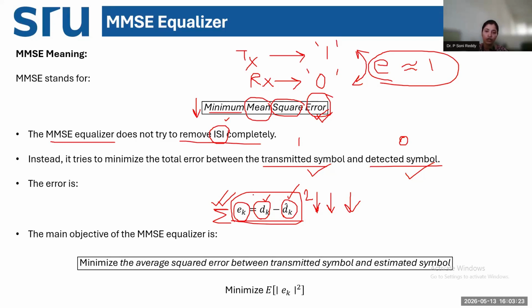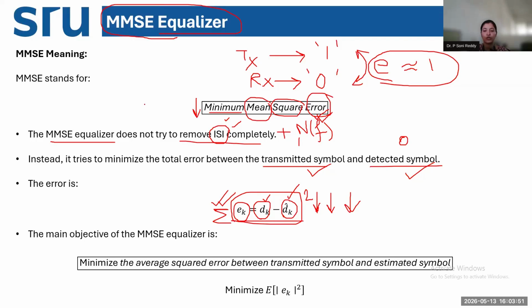I am focusing on not only reducing the ISI, but I'm also focusing on reducing the noise factor in your received signal. Okay. So when I'm focusing on reducing the noise factor in the received signal along with ISI, this equalizer automatically overpowers your zero forcing equalizer. So it is more advantageous compared to your zero forcing equalizer.